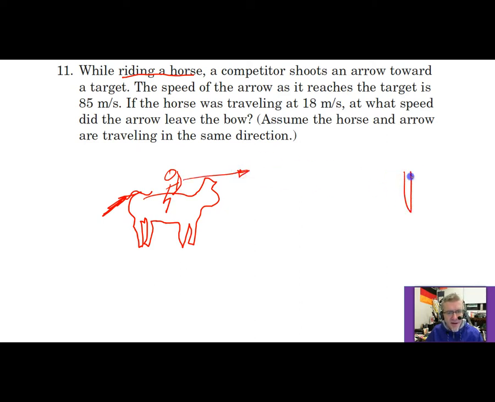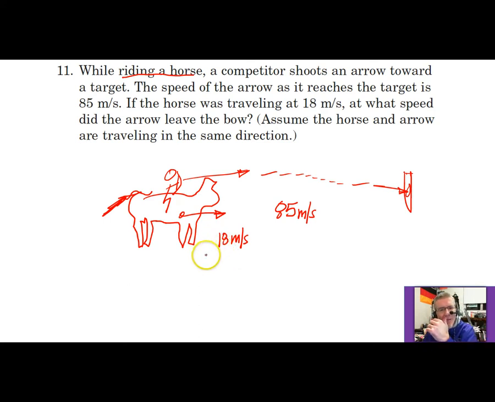It hits a target. The arrow, when it hits the target, is going 85 meters per second. So that's pretty fast. The horse and me and the bow and the arrow, before it was shot, was going 18 meters per second. So what speed does the arrow leave the bow?